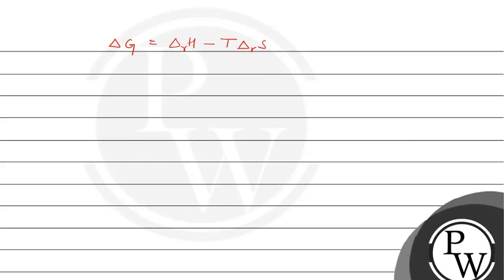For any reaction to be spontaneous, what should happen? Delta G should always be less than 0. This is for a spontaneous reaction.